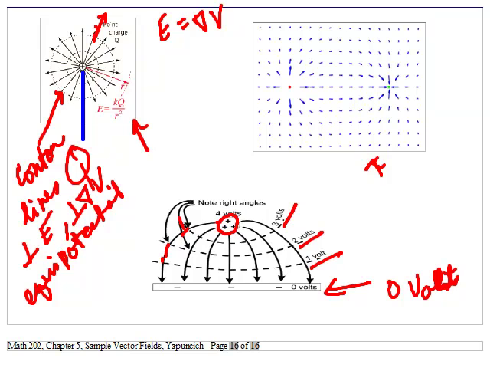So here we have sketched out these lines of equal potential, and what is shown here is that the electric field is at right angles to those contour lines of equal potential, because the contours are perpendicular to the gradient.